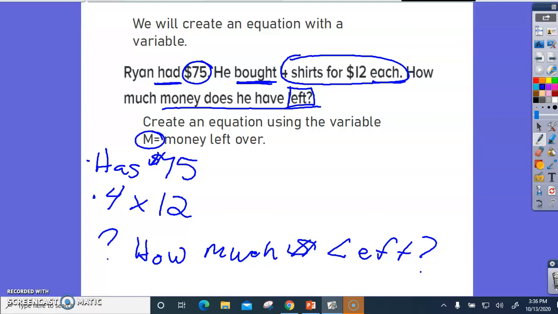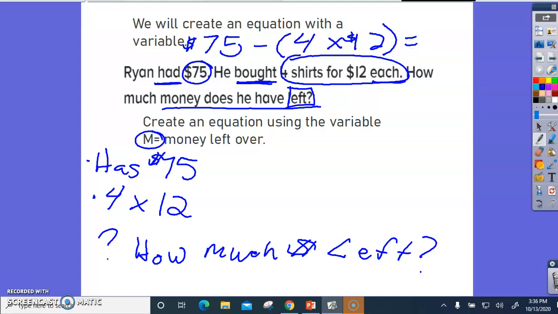So then you have $75. I spent, open parentheses, buying 4 shirts for $12 each, equals, do I have to solve?